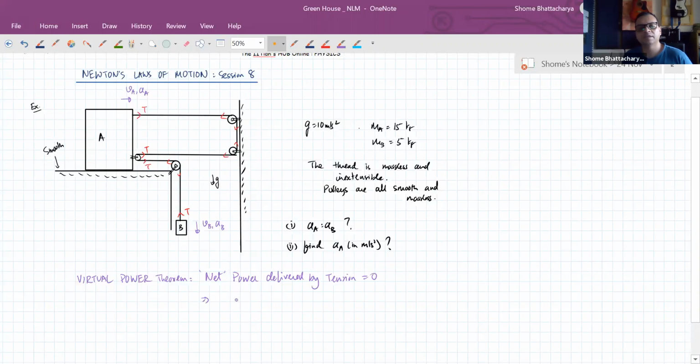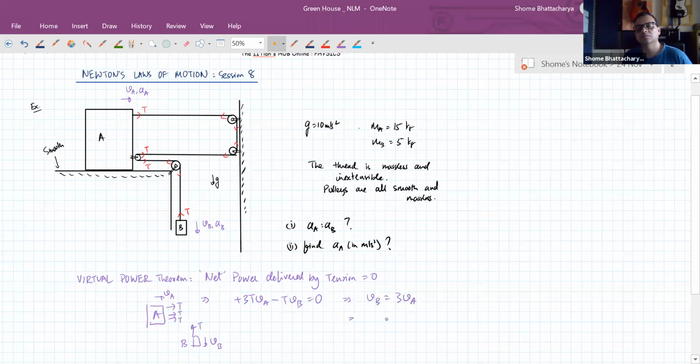So power delivered by tension on the block A, you can see that there is a total of 3T acting horizontally and is moving with VA. So plus 3T VA. And on the block B, you can see this tension T and it's moving down. So this is minus T VB should be equal to 0. So VB is equal to 3 times VA.